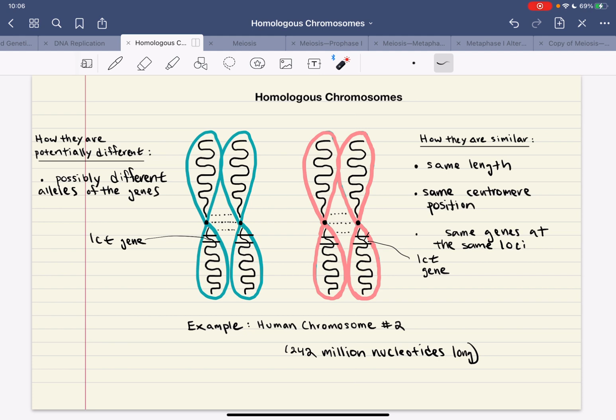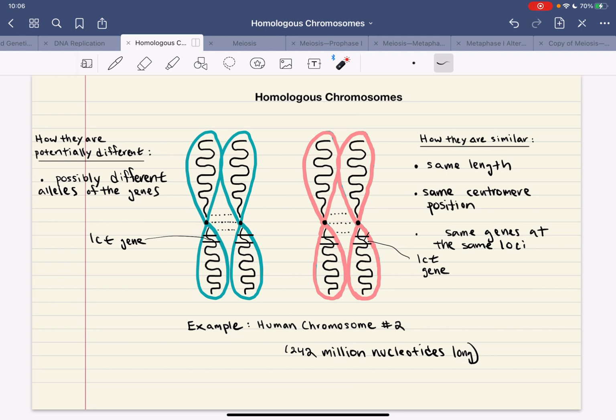Now, the other reason that I'm choosing to cover homologous chromosomes in depth now and not earlier when we were talking about things like sister chromatids and kinetochores and centromeres, is that it connects with meiosis and sexual reproduction.